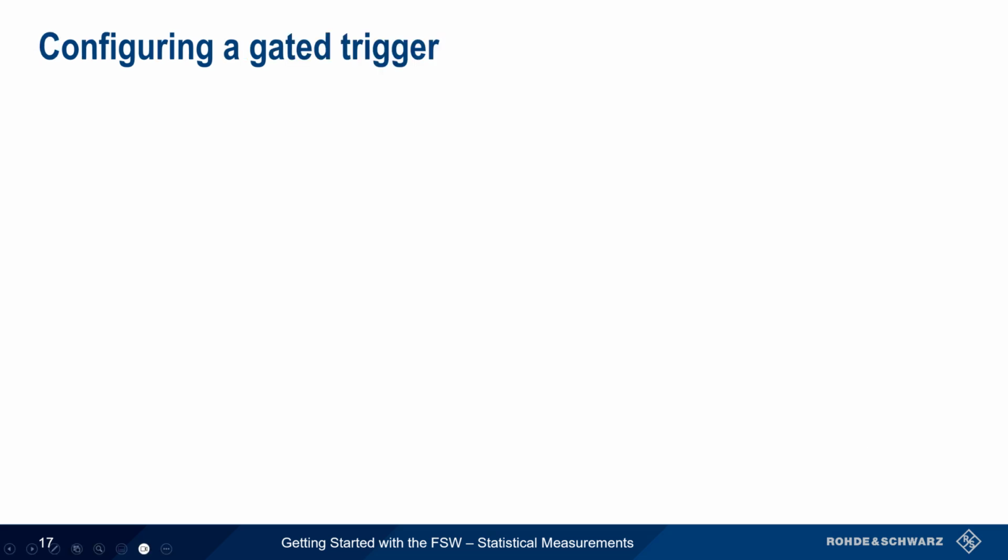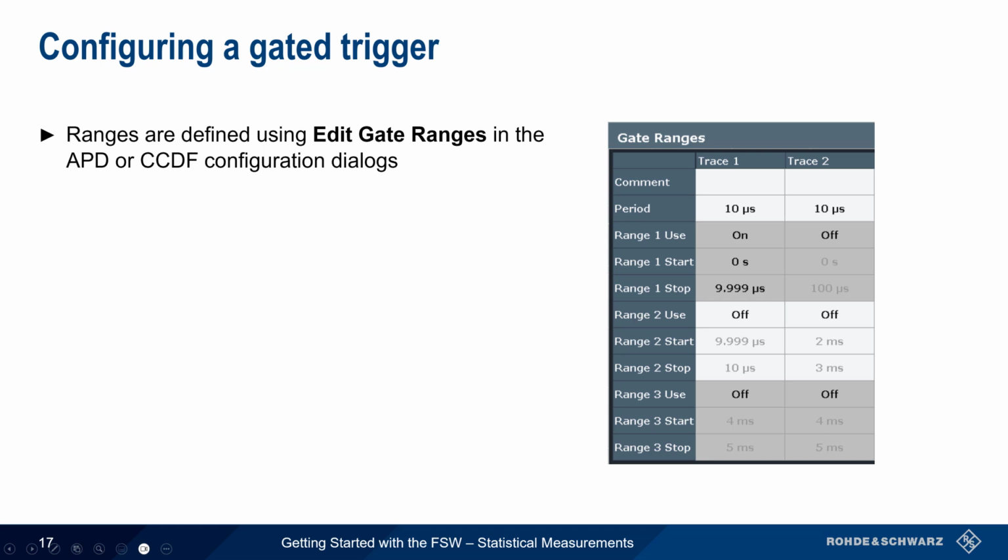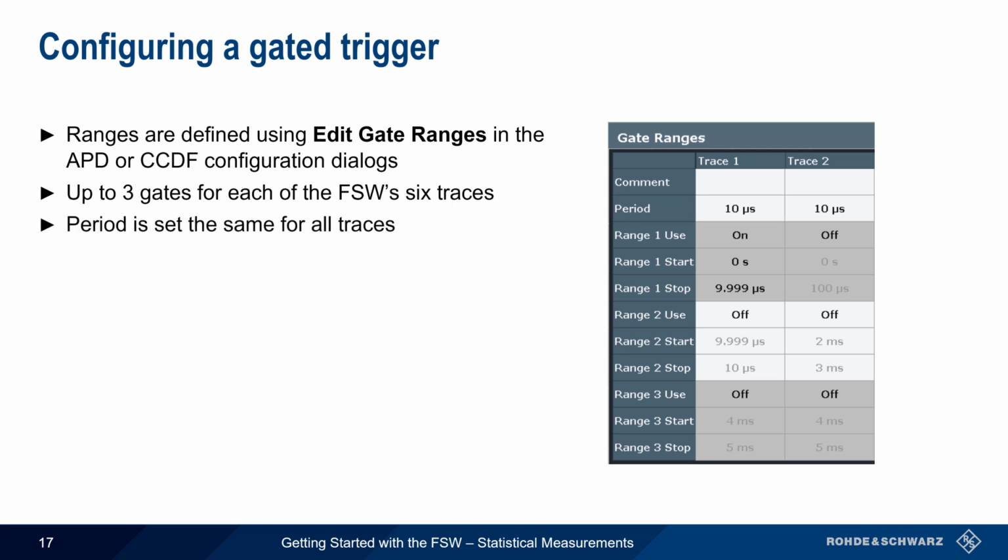Gate range start and stop times are then defined relative to this reference point. Gate triggers and their ranges are configured using Edit Gate Ranges in both the APD and CCDF configuration dialogs. Up to 3 gates can be defined for each of the FSW's 6 available spectrum traces. Note, however, that the period must be the same for all traces. Gate range start and stop times are all defined relative to the reference time t = 0.